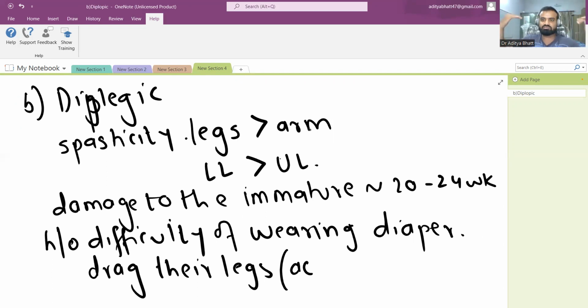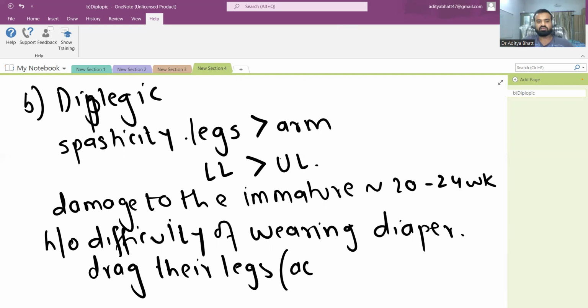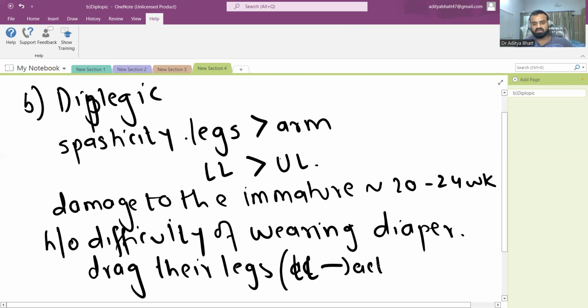Like you have seen in the movies, there is barbed wire and the commando goes below the barbed wire in military training. So that is called commando crawl. They drag their legs, and the lower limbs act as a rudder.